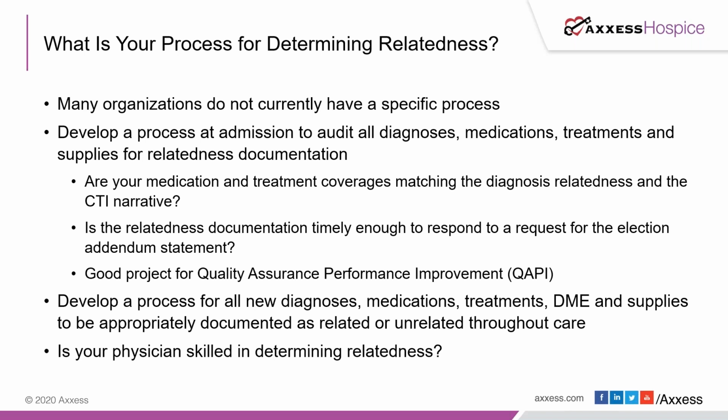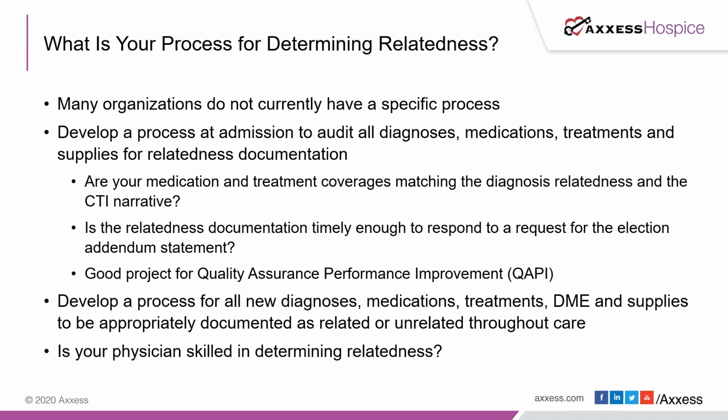They might have some process at IDG of the doctor reviewing the diagnosis list periodically, but on an ongoing basis, reviewing all of these items to stay timely so we can meet that 72-hour deadline or 3-day deadline after the patient's been admitted to be able to get them their election statement addendum. Also look back at your patients who were on before and make sure you'll be able to manage your RAC and ZPIC audits. Hopefully you never get one, but be able to manage it if you do.